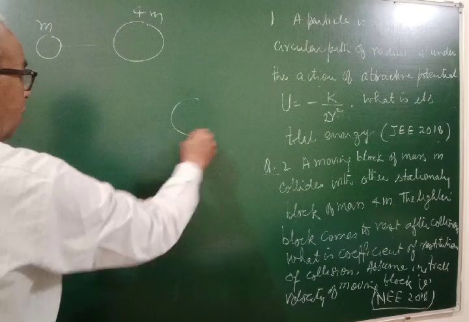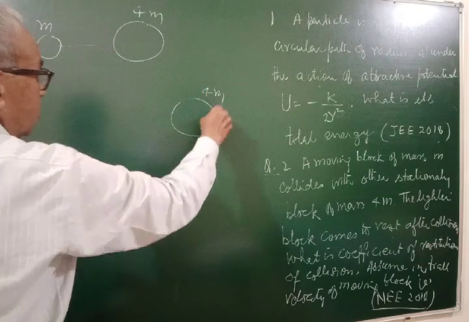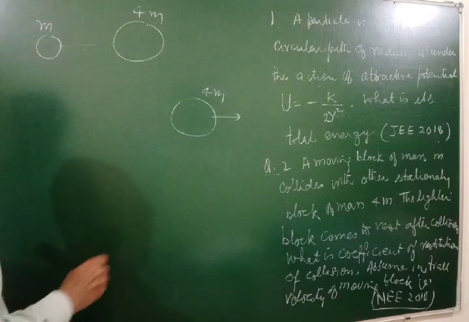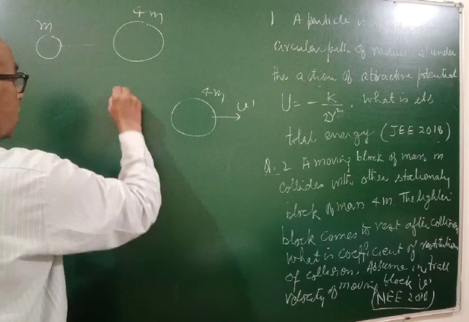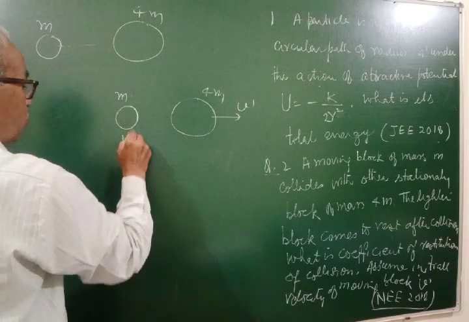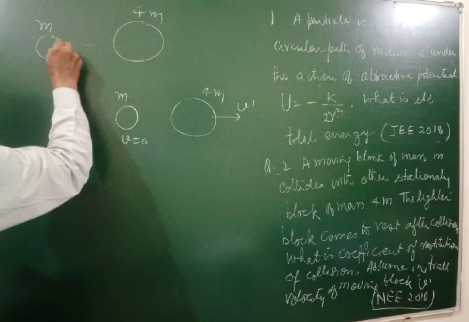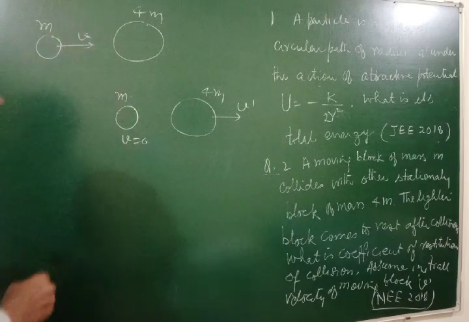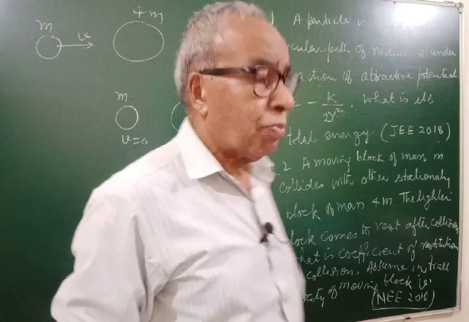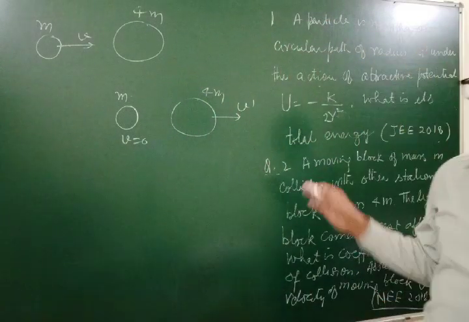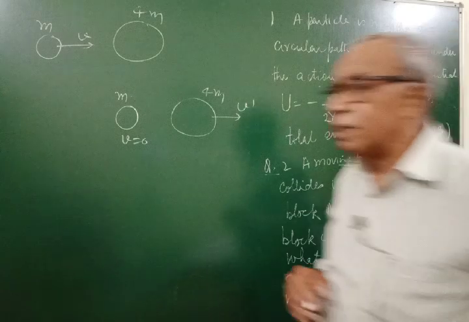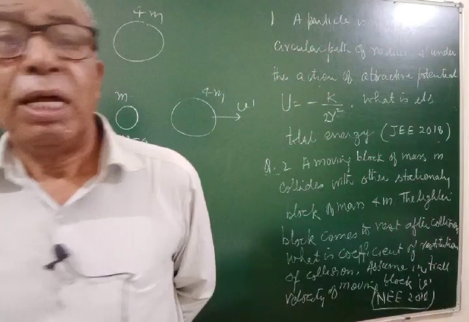After collision, this 4m starts moving with a certain velocity, say v dash, and m comes to rest. And for this, v is equal to 0. Initial velocity is v. So a question may come in your brain: it is not given here whether the collision is elastic or inelastic.